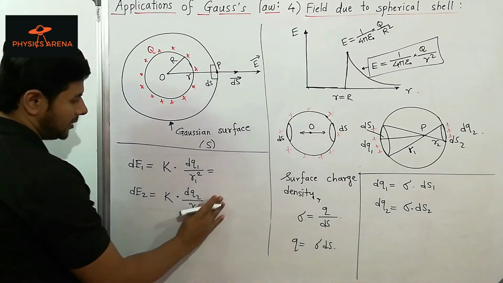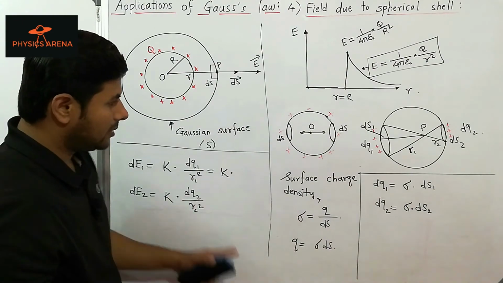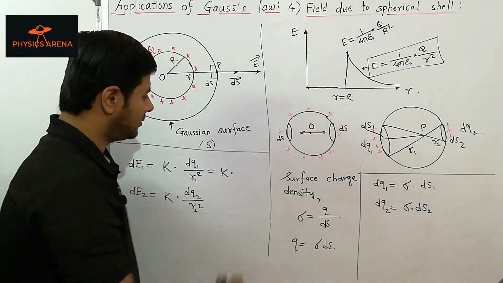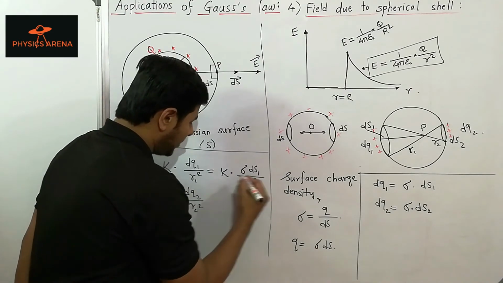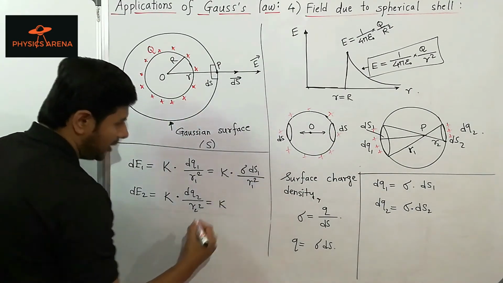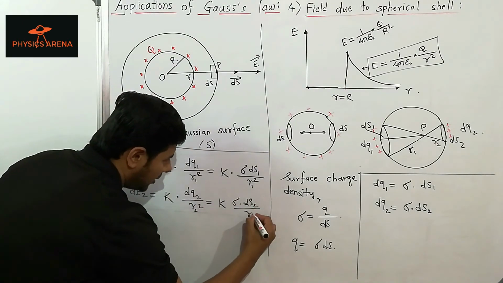So again we can say this is equal to k into dq1, which is sigma times ds1, over r1 square, and this should be compared with k into sigma times ds2 over r2 square.